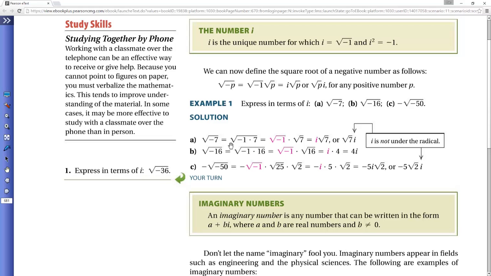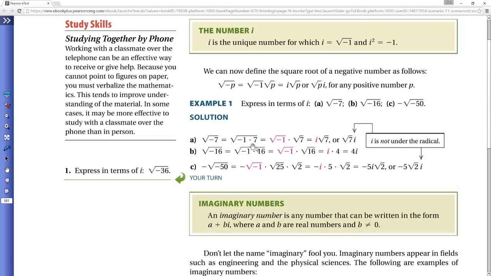Well, they take the square root of -7 and say that's really -1 times 7. So we could say that is the same as the square root of -1 times the square root of 7, which ends up being, by this rule, i times the square root of 7.